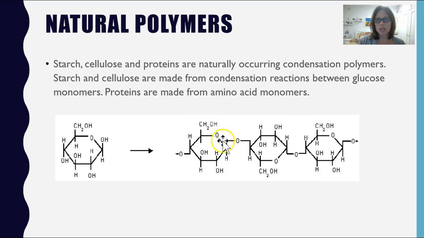Here's that glucose molecule, here's that glucose molecule, and in here you can see that water linkage. Our proteins are also made from amino acids, which are necessary for our body, and those repeating units make up our proteins. We'll have a look at these in more detail in class.